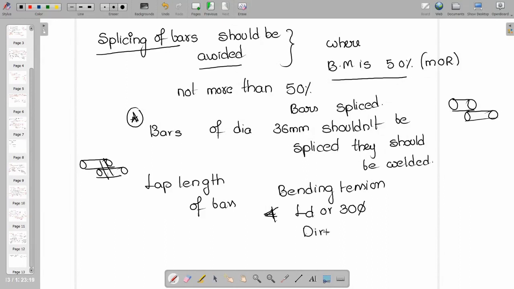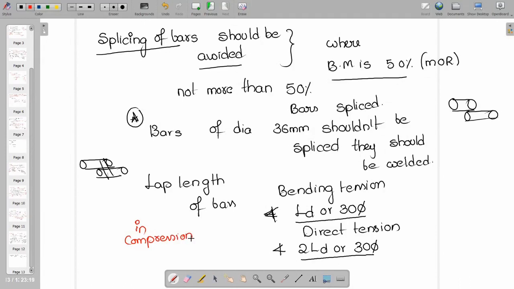And also direct tension. Lap length in case of direct tension should not be less than 2 LD or 30 phi. So in case of bending tension, it should not be less than LD or 35 phi, or in case of direct tension, 2 LD or 30 phi, or in case of compression, it should not be less than LD or 24 phi.